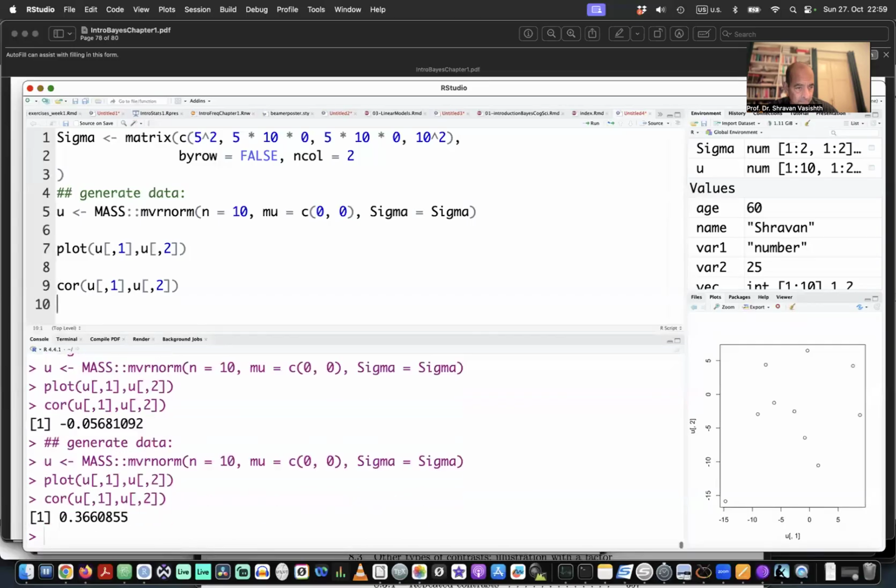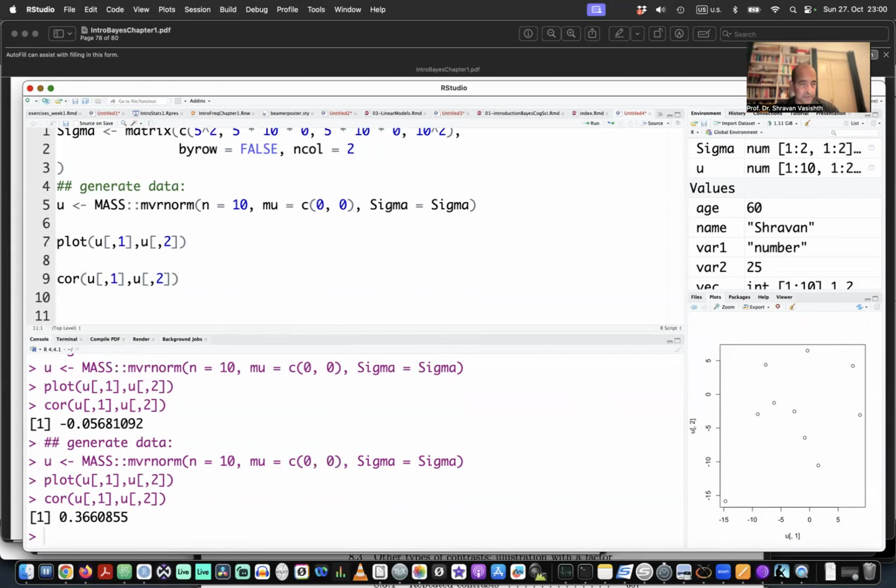This is a good one. So I've got a 0.36 correlation now. And if you were to compute a linear model fit here, it can happen that you will find a relationship between U1 and U2.